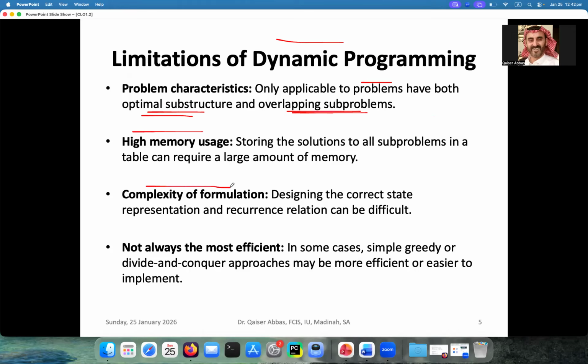Complexity of formulation means complexity of designing and building the solution, because recursion is involved in it. Recursion normally makes the structure of the program easy, but difficult to understand.